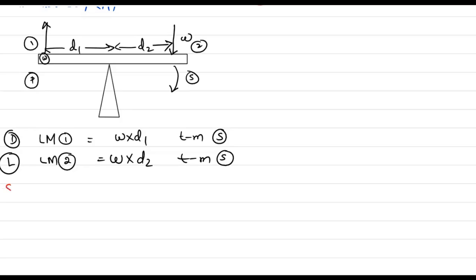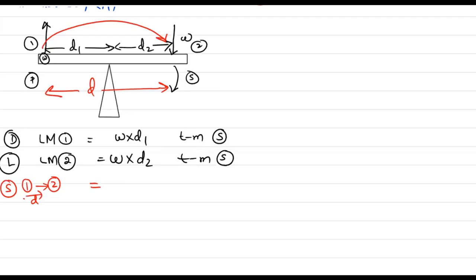So what is shifting? Shifting is nothing but discharging and loading. If you are discharging from 1 and loading at 2, you simply shift by distance D. So this is starboard.